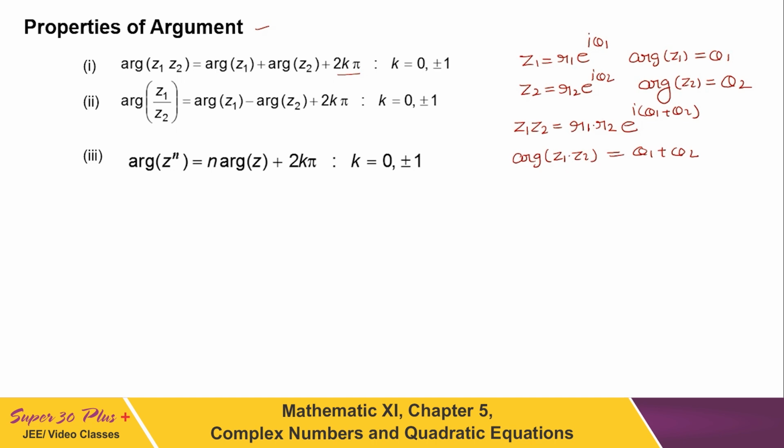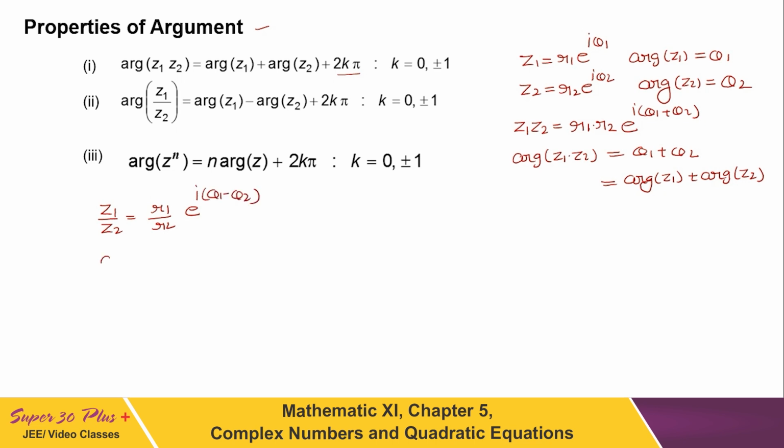What is the theta 1? It is argument z1. And what is the theta 2? It is argument z2. So we can easily find property number 1. Similarly, we are going to find z1 upon z2. It will be r1 upon r2 e to power iota (theta 1 minus theta 2).